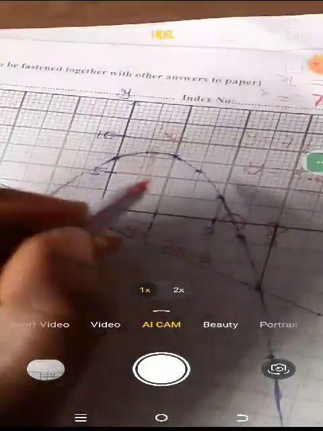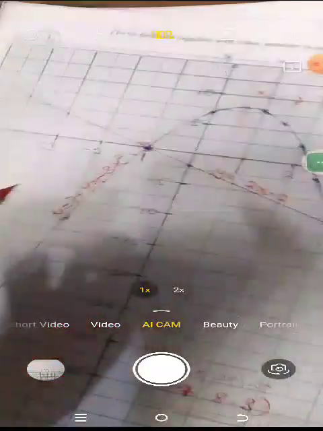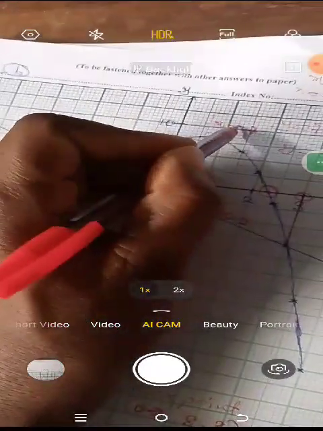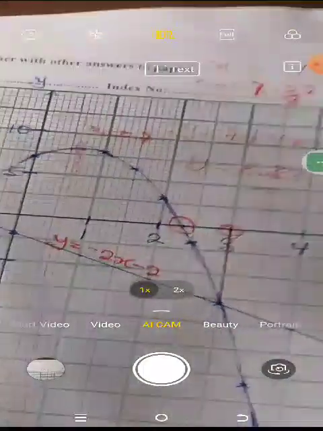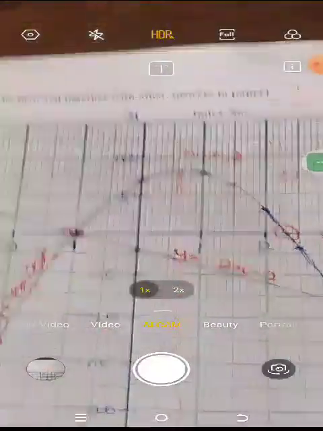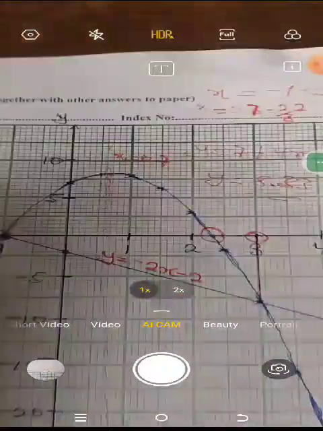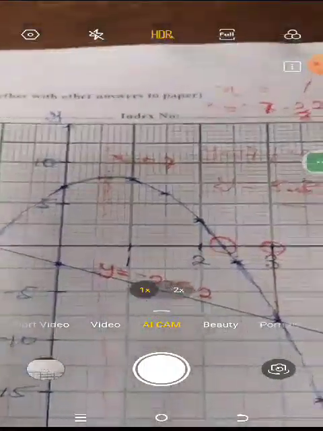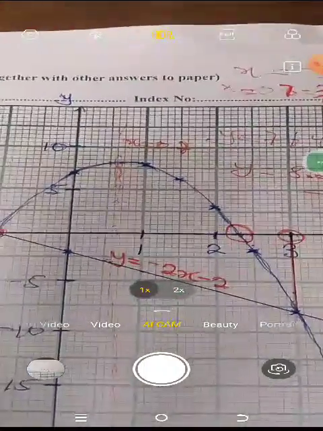Then after that, you label it x equal to 0.7 on the graph. So x is equal to 0.7 against the line on the graph, or you can go to your booklet in which you are answering and write that the equation of the line of symmetry is x equal to 0.7.